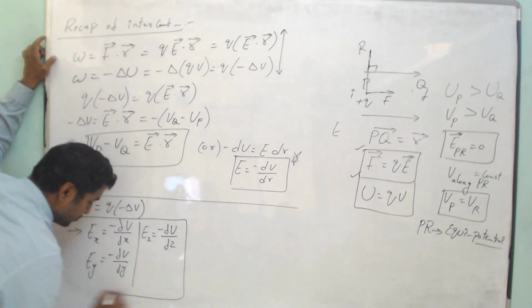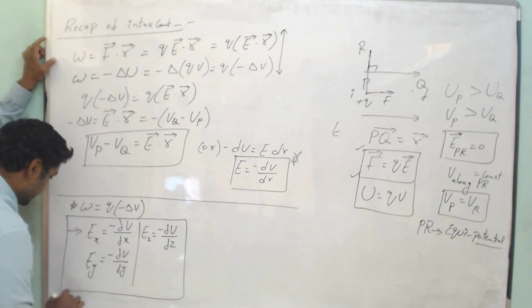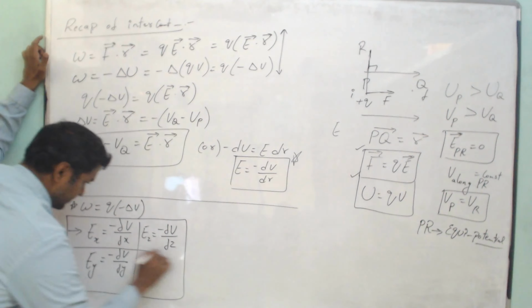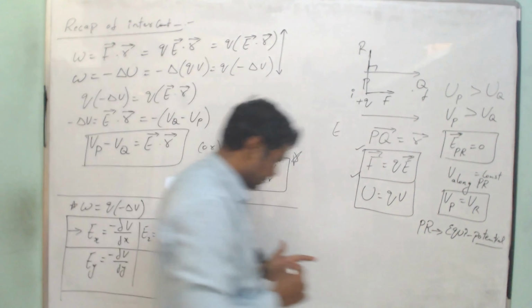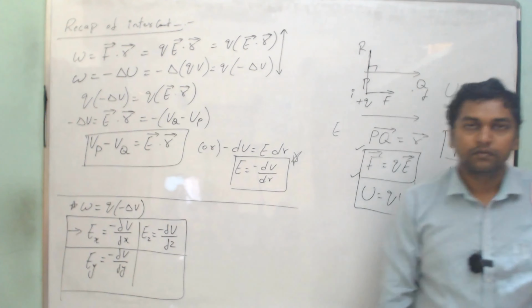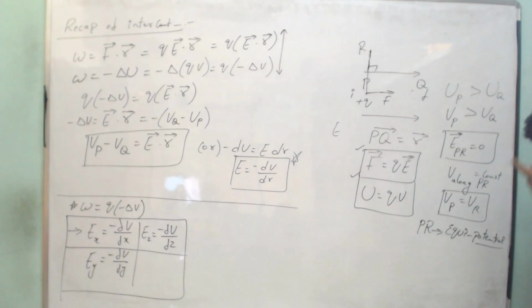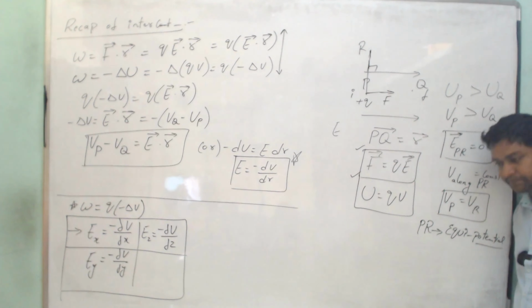When does this dou come? It's partial differentiation. We only know that dou is named as partial differentiation, but we don't know why. If there are multiple variables, then we can use it.